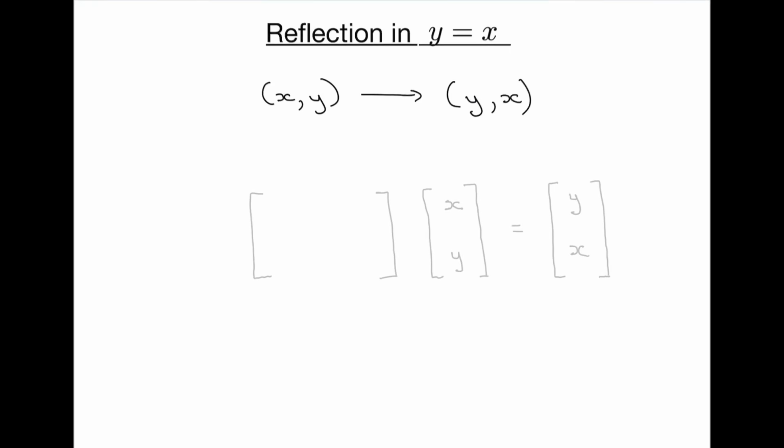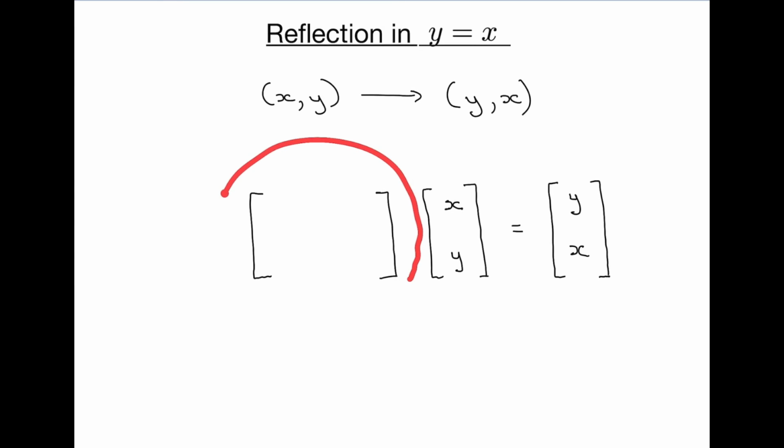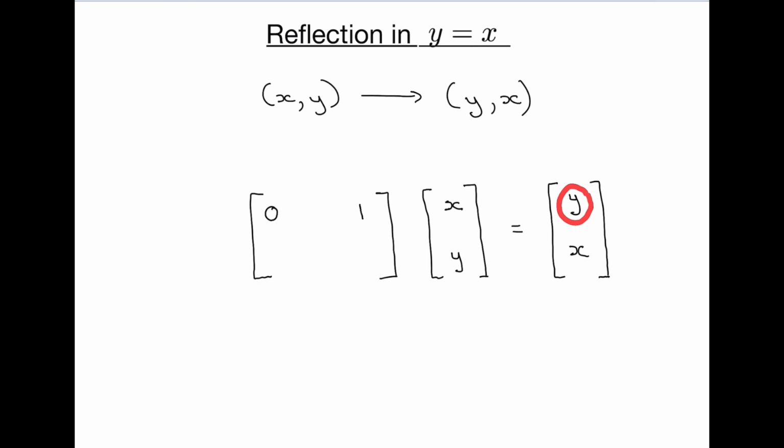Reflection in the line y equals x results in the point (x, y) being mapped to the point (y, x). Can you think of the entries in this transformation matrix that will have the desired effect? Any number in this position is multiplied to x and any number in this position is multiplied to y. So in this case, 0 x's plus 1 y will give us y as the first entry in our image matrix.